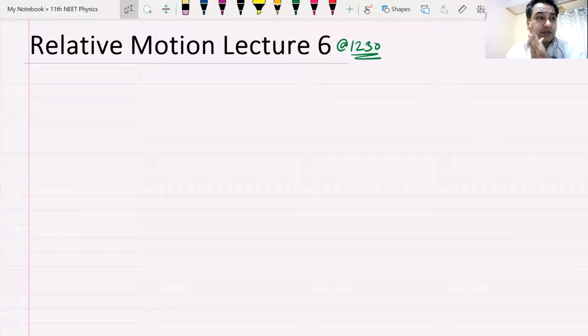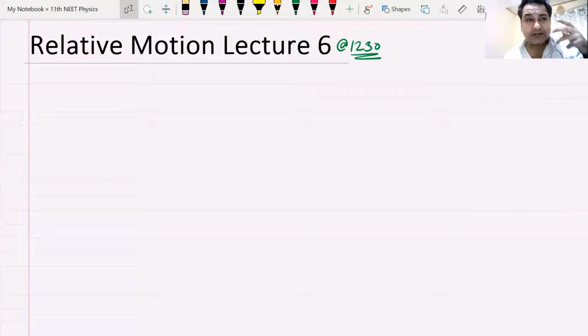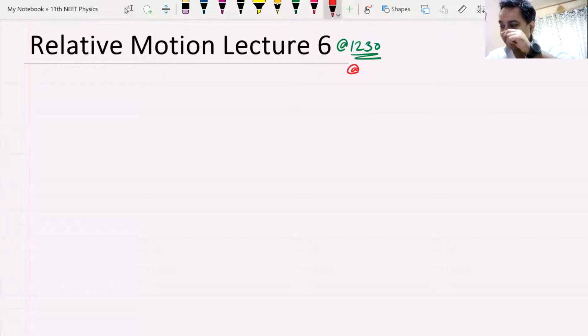Sit in a place where you get good network. Do not move around while you are taking the class because the network might come and go, so you would get disconnected from the class. Anything that you want to ask, you can always send a message at the ID of Astik, or you can address it to everyone.